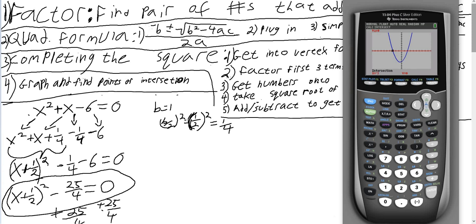So x equals -3. You should write that down. And then I repeat the process again to find the other point of intersection. Second, calc, 5, intersect.